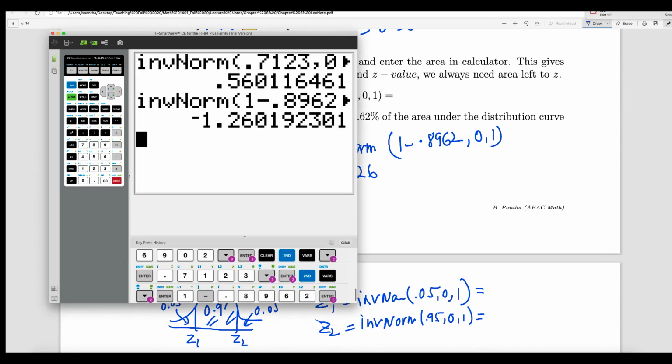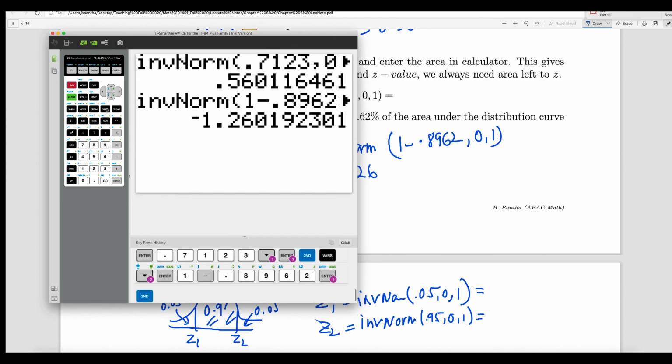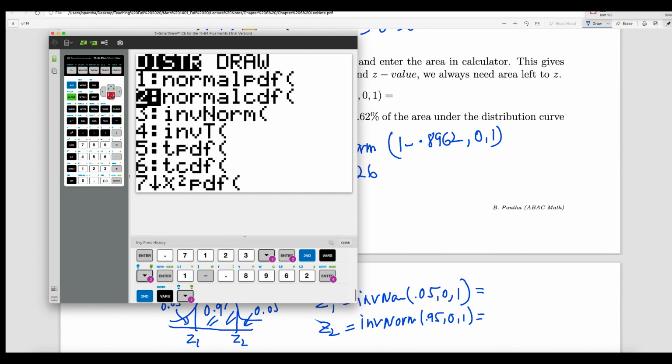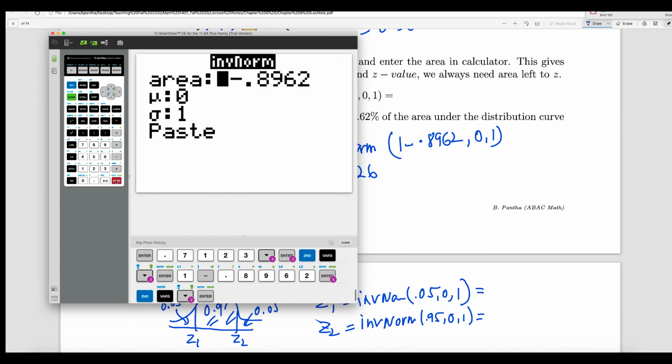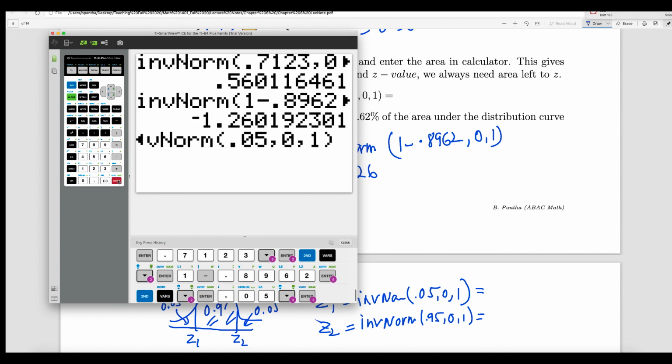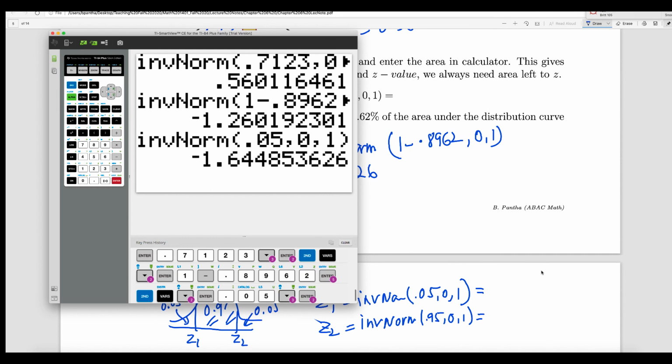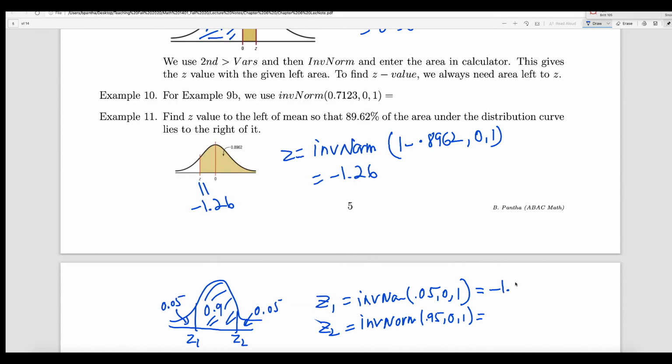If the middle area is given, this is how you find the 2 G values. Inverse norm, the left area is 0.05, and then go down, and then hit enter there. You will get negative 1.64. This will be positive 1.64 if you use that in the calculator.